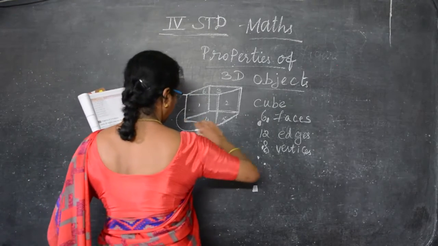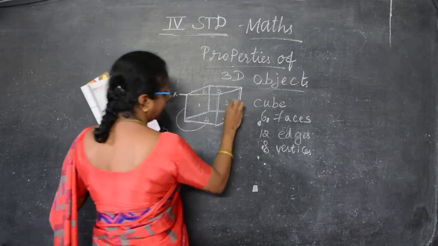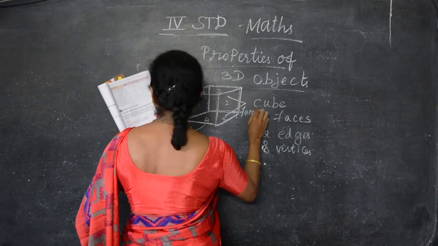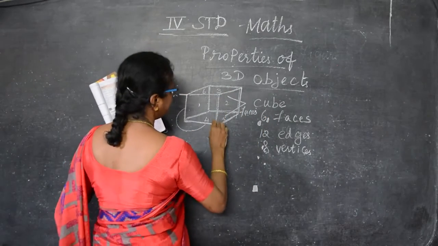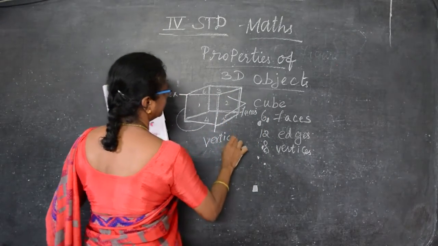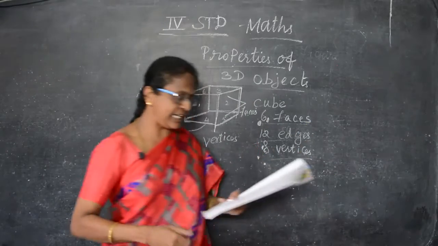And these are the edges. And these are the faces. And these are the vertices. Okay, so it has 6 faces, 12 edges and 8 vertices.